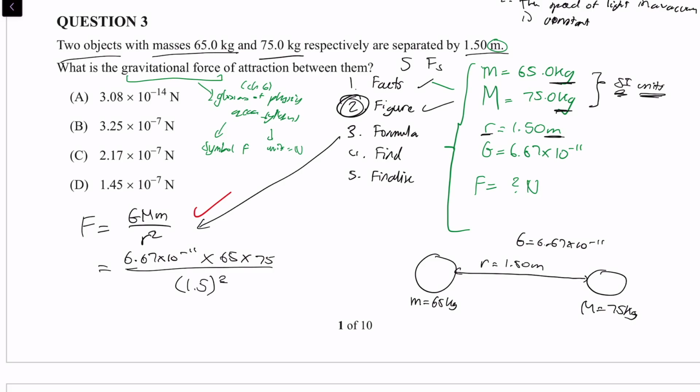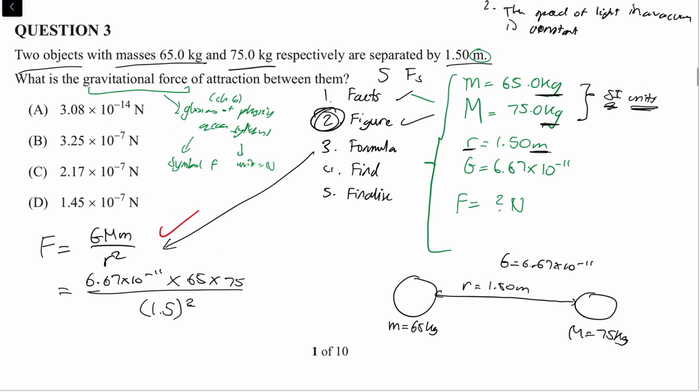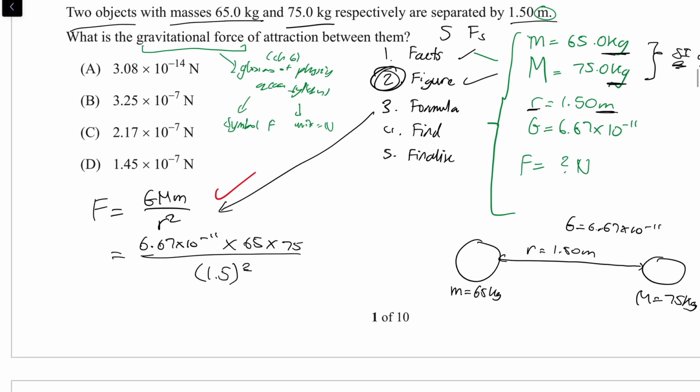Okay, making sure that my signs, positive and negative, are all going to be cancelled out in the end too. That's why I use the brackets. Then I'm just going to get my calculator out quickly. And you should be using a graphics calculator for these questions.